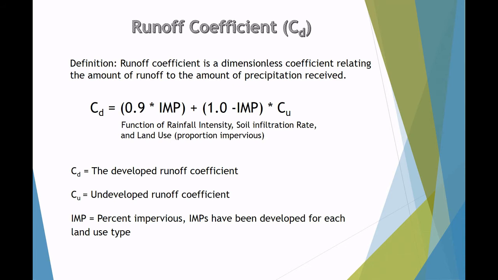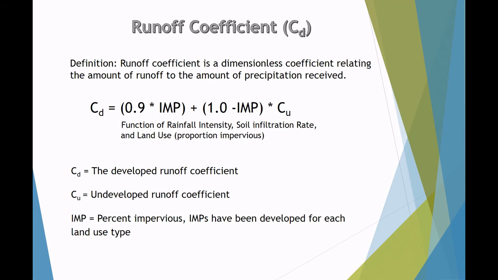I also wanted to point out that in the first part of this runoff coefficient equation, the 0.9 multiplier for the impervious area is an adjustment to take into account that no development is completely impervious.